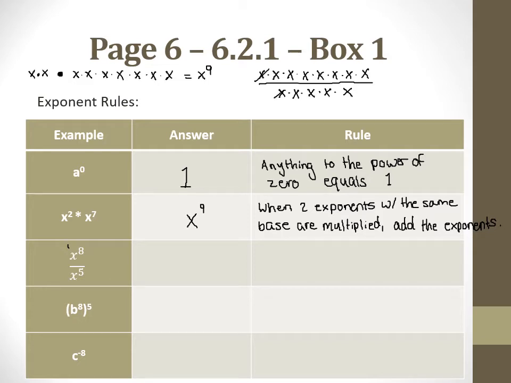X on top, x on bottom, x on top, x on bottom, canceling and canceling and canceling. And then we are left with 3 x's multiplied together in the numerator. So this is equal to x to the 3rd. When two exponents with the same base are divided, you can subtract the exponents. So we did 8 minus 5 and got x to the 3rd.